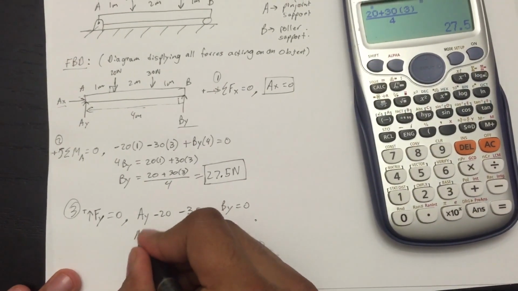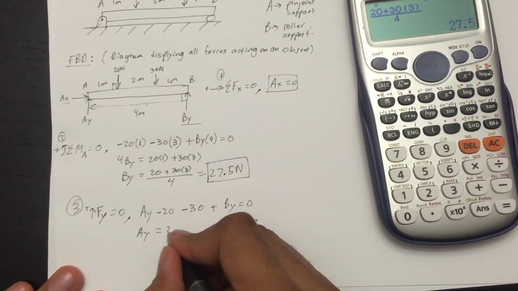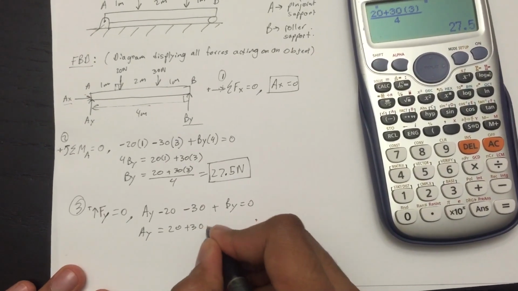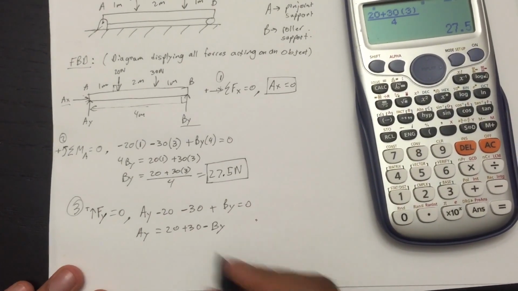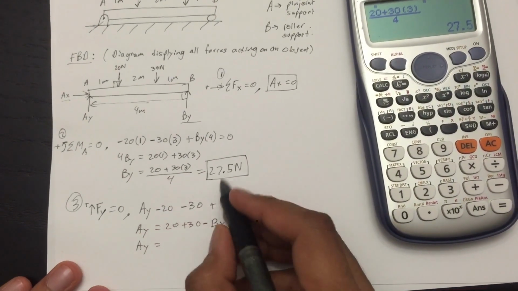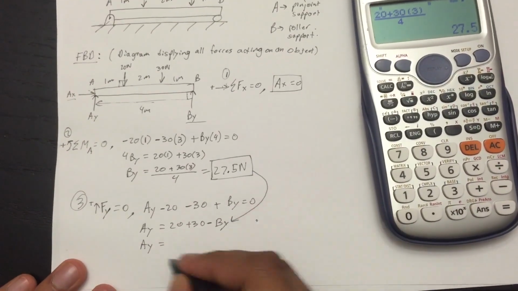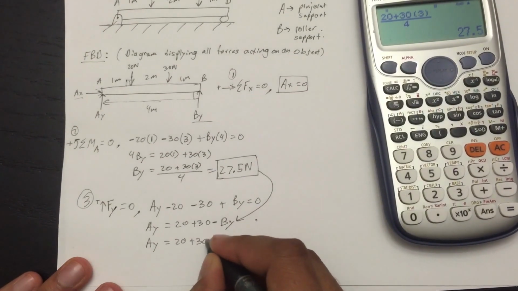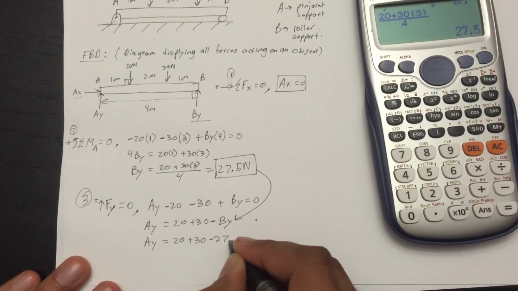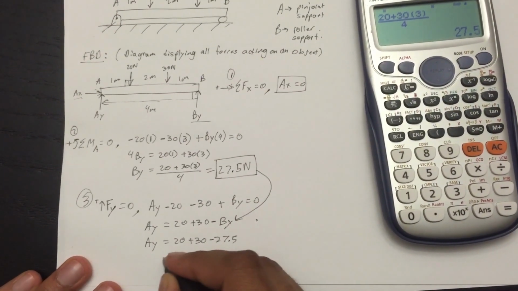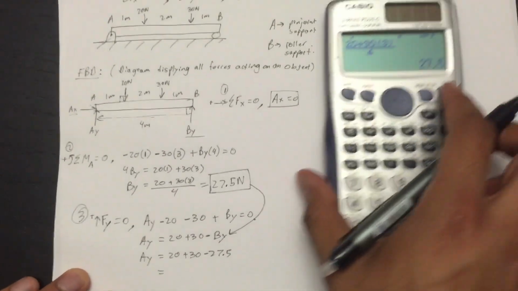So we have AY equals 20 plus 30 minus BY. We know that BY equals 27.5, so let's sub that in. Now, let's take out our calculator.